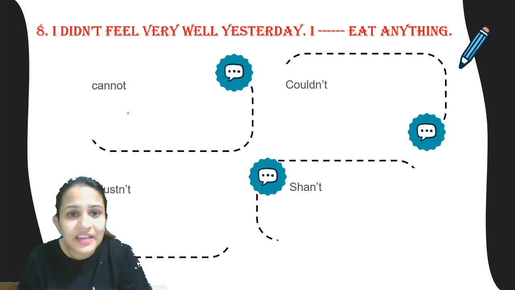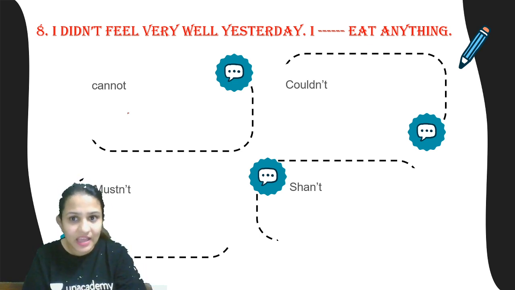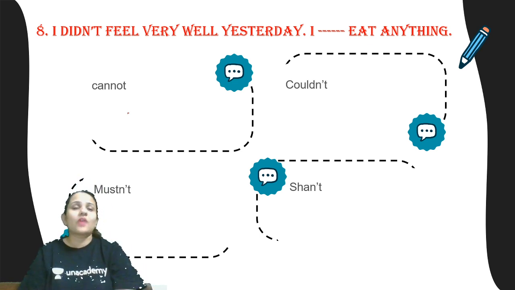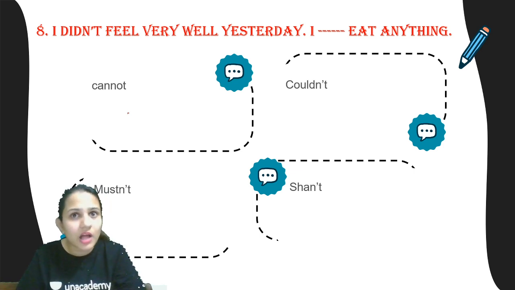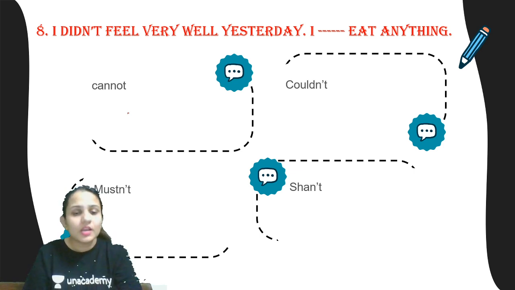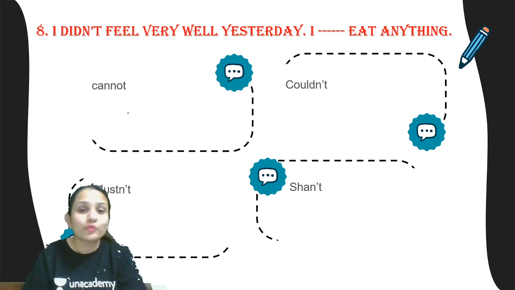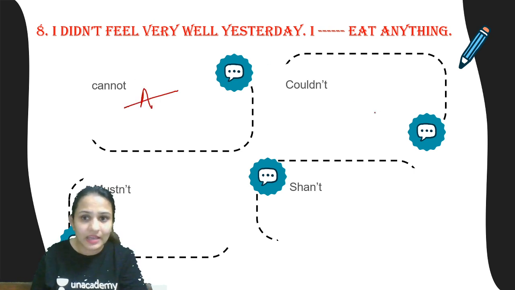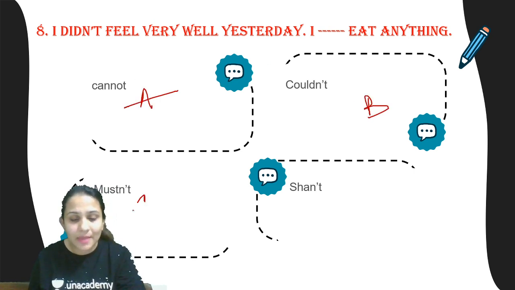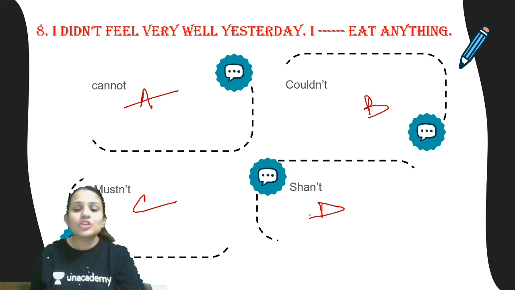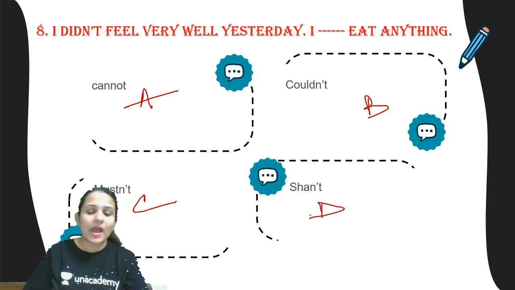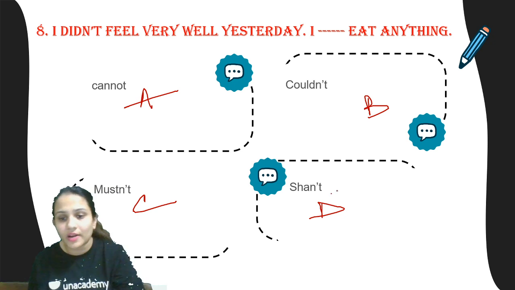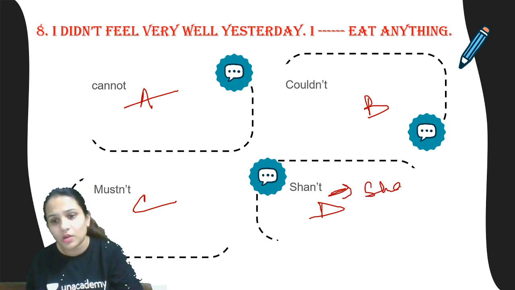I didn't feel very well yesterday. I dash eat anything. Now this is a question of modals, and modals we have done a lot of times. So I think you would do justice to my teaching. I didn't feel very well yesterday. I dash anything. I cannot eat anything. I could not eat anything. I must not eat anything. I shan't eat anything. If you don't know, shan't is a contracted form of shall not.